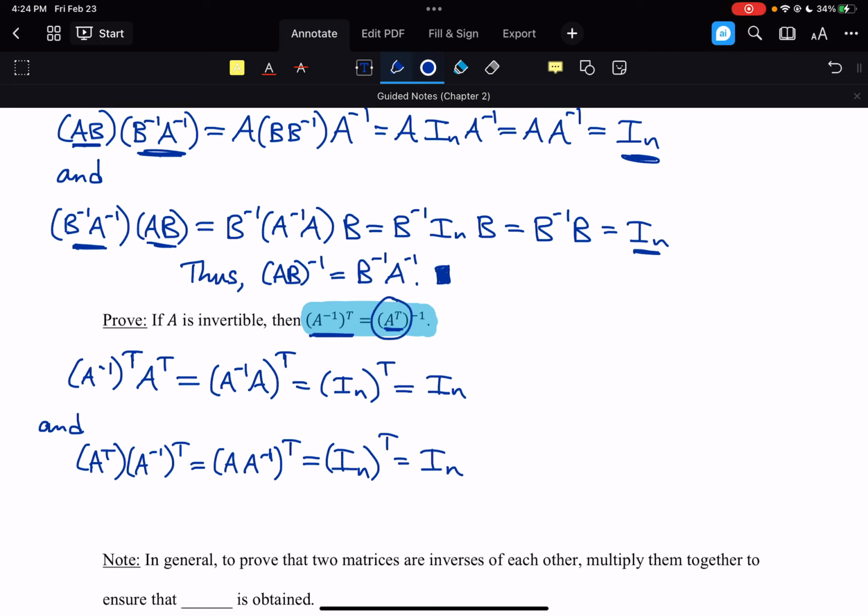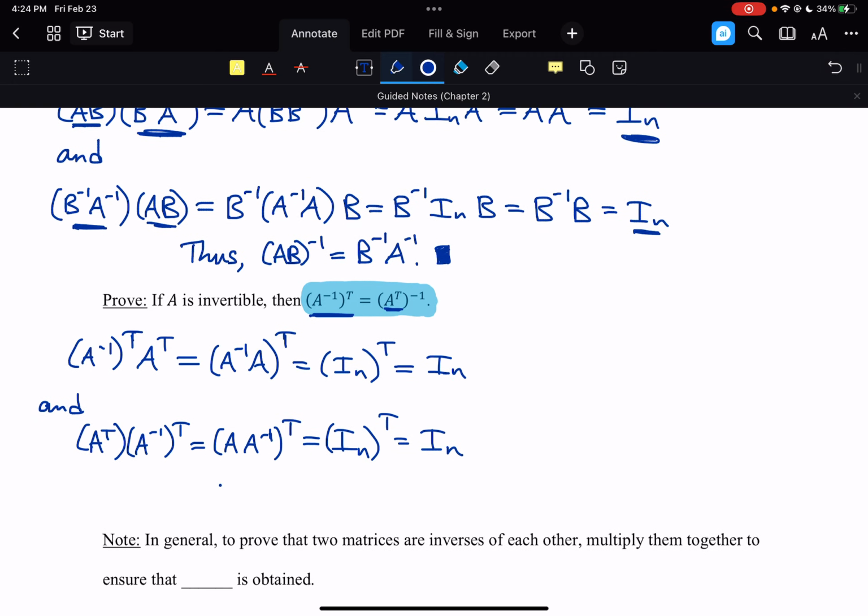So by taking this term times this one, both left-hand multiplying and right-hand multiplying, we get identity both times. So thus, A inverse transpose equals A transpose inverse.